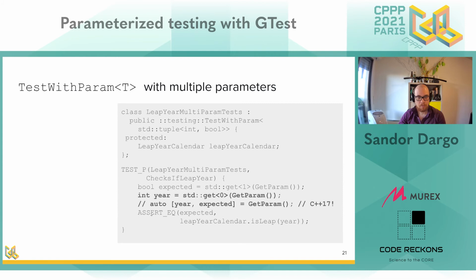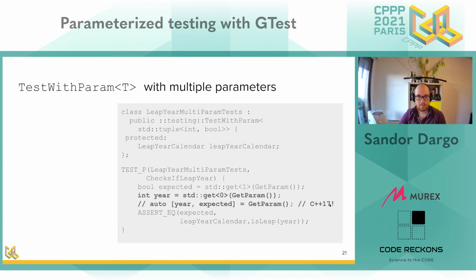So we stopped using ASSERT_FALSE. Now we say ASSERT_EQ, and we pass in the expected, which might be true or false, depending on the year you want to pass in. And you also pass the year to IsLeap. So from here, what you can also see is that you can call GetParam multiple times. You don't lose the value there.